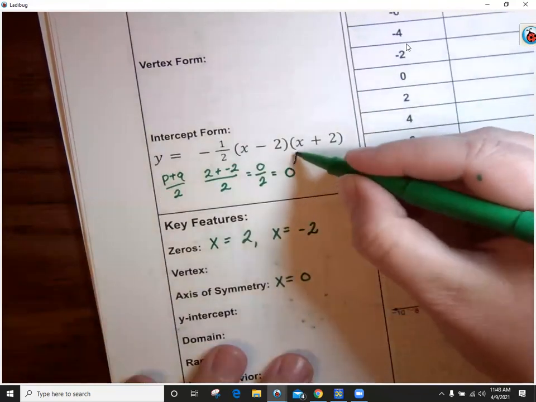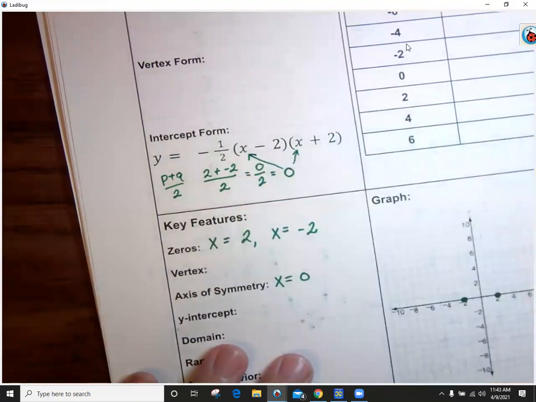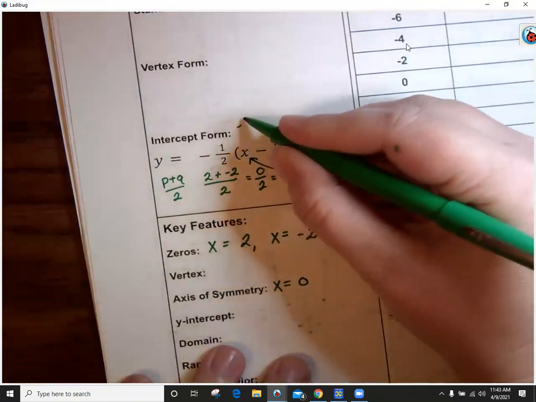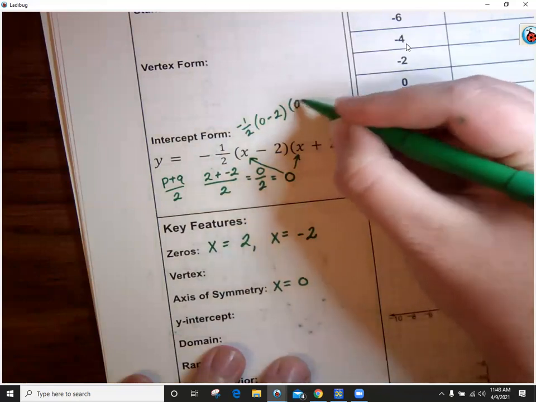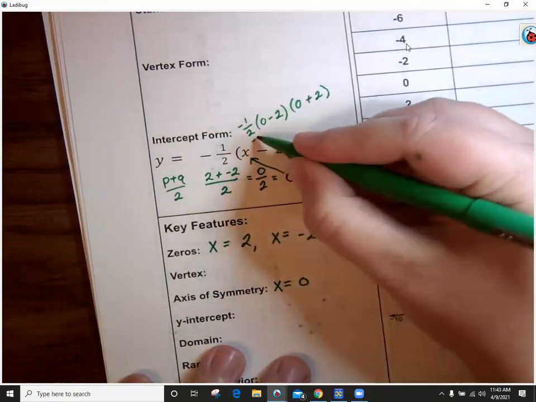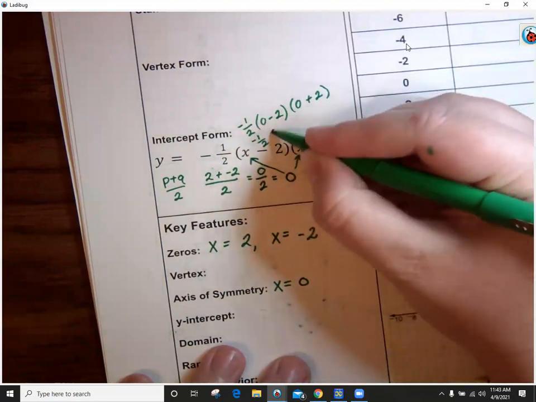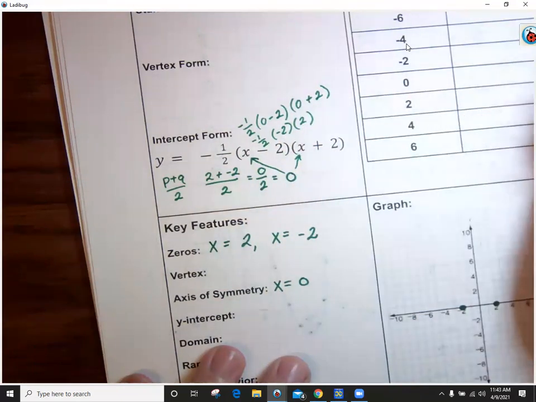And then we would plug that in for x to get the y value of the vertex. So that would look like this. We would have -1/2 times 0 minus 2 and 0 plus 2. And 0 minus 2 is -2, and 0 plus 2 is 2.